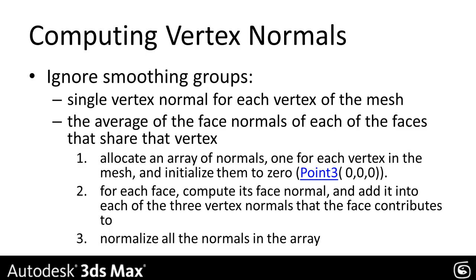Then for each face, you compute its face normal, and add it into each of the 3 vertex normals that the face contributes to. At the end, you normalize all the normals in the array, and you'll have an array of vertex normals.